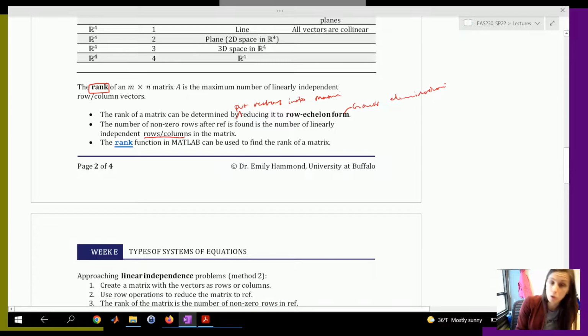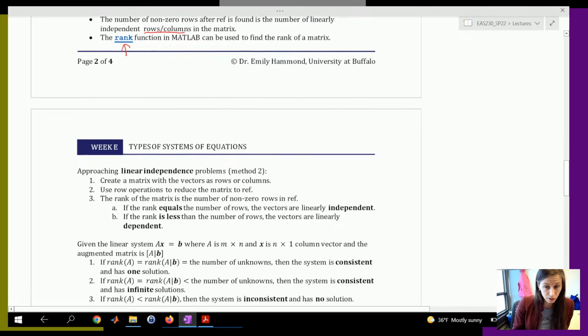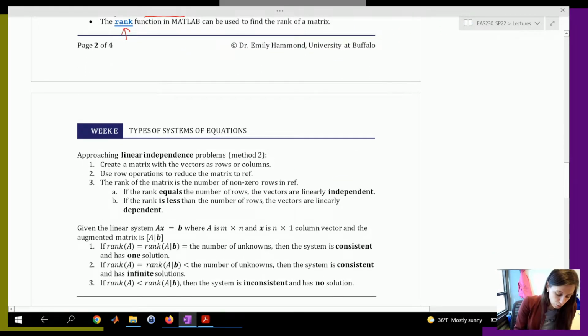It doesn't matter if they're rows or columns. It tells me how many linearly independent equations I have. There's also a MATLAB function called rank that you can use. So one way we can find linear independence is using a linear combination, and we can also find it using rank.